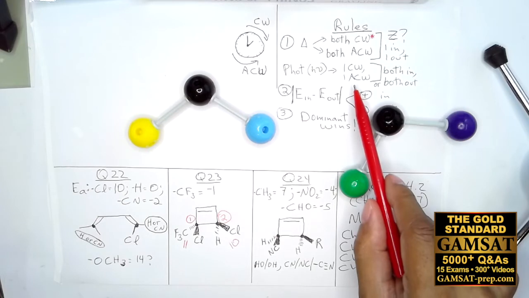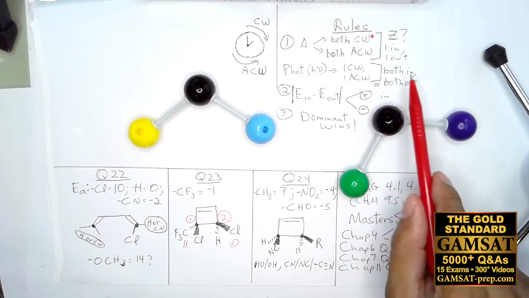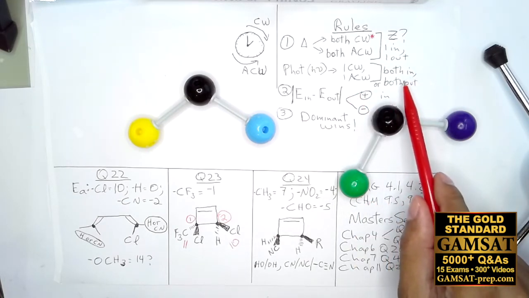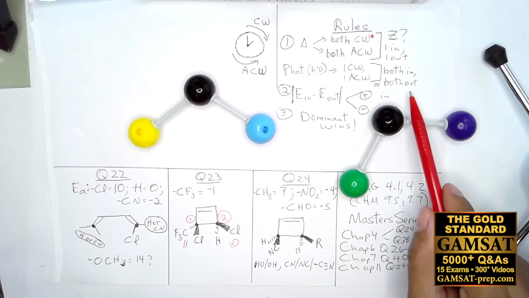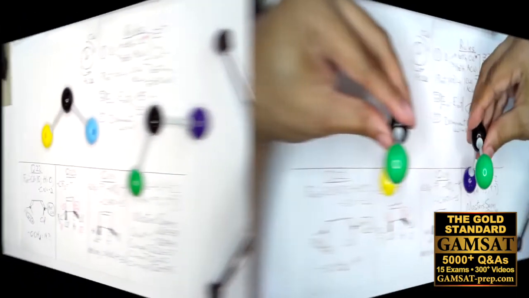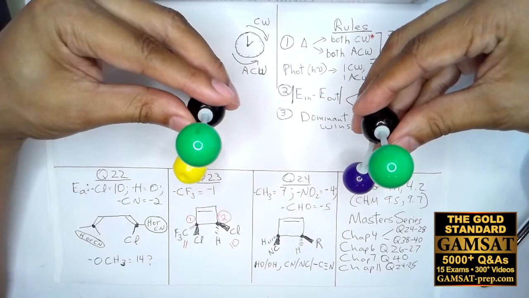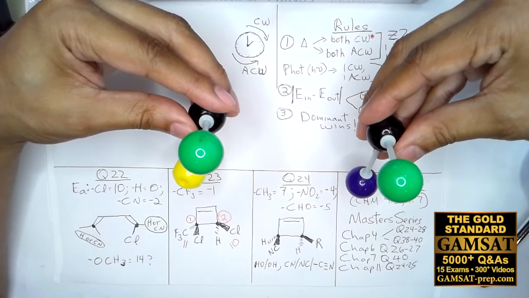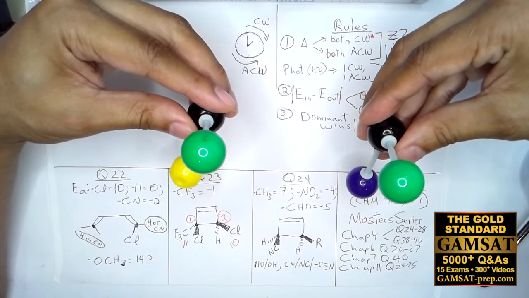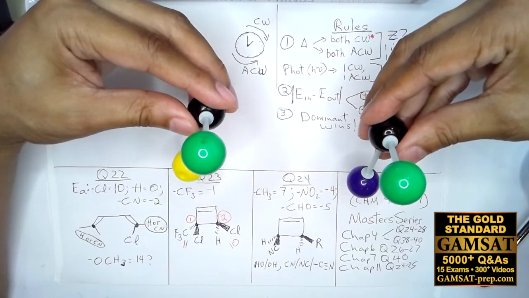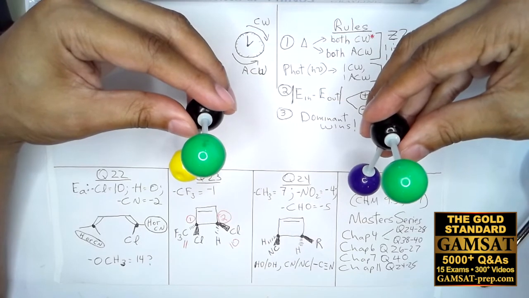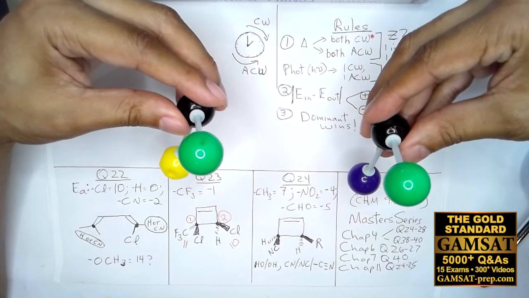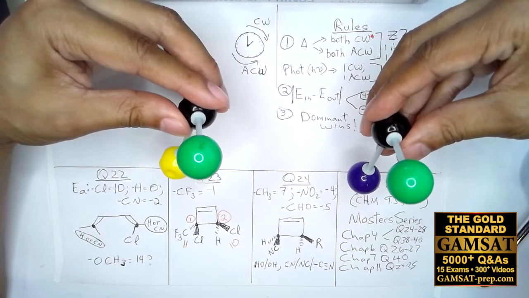And the other way to think about it is that the two groups that are on the same side, the Z groups or cis groups, both move in or both move out. So let's have a look. Okay, so now we are photochemically promoted, one clockwise, one anti-clockwise, and the group on the left has the greater energy difference, and we've already confirmed from question 22 how much chloride wants to move in.